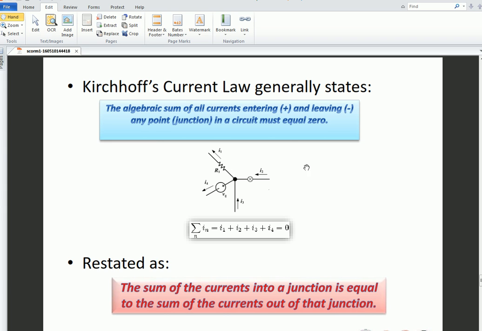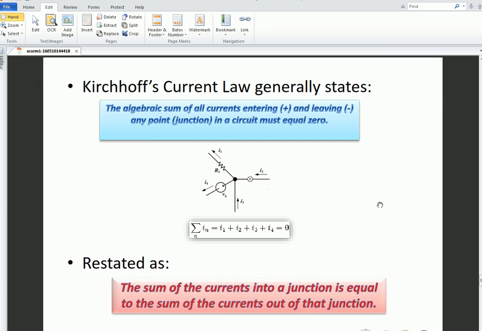So please note this equation, summation of In equal to 0, which is I1 plus I2 plus I3 plus I4. In this equation I1 and I4 have opposite polarity to I2 and I3.